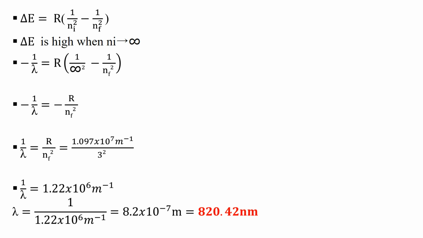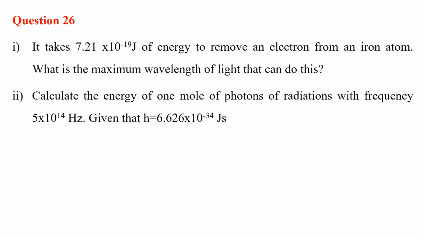This means that the term R times 1 over infinity squared will be 0. Then we remain with the second one. So this is where we are going to have the highest energy change. Then we calculate the 1 over the wavelength, so we replace the n is 3.